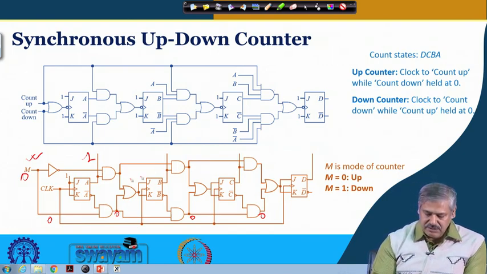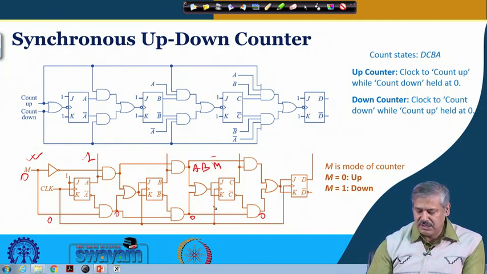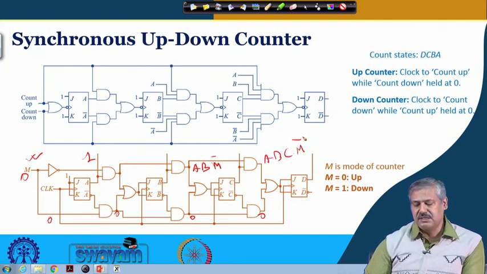Here this is your A. So, this is A, B, and of course, M bar is there with it, and this is your A, B is already there, A, B, C, and M bar is there.